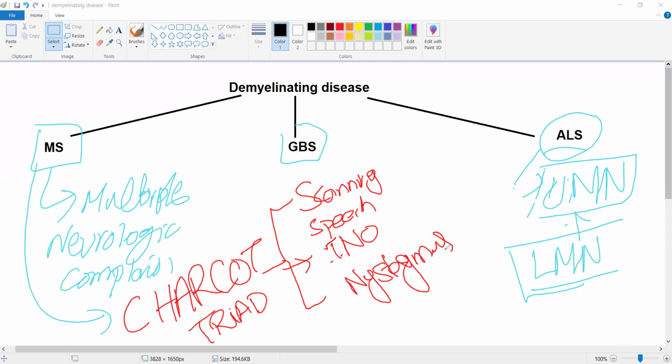Internuclear ophthalmoplegia is due to damage of the medial longitudinal fasciculus, right? So that is the Charcot triad.